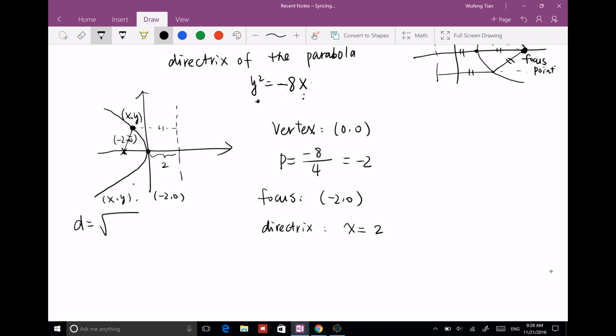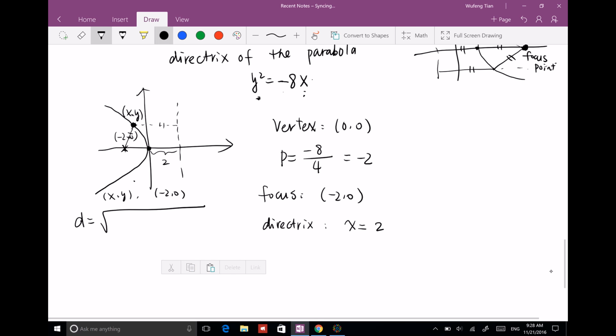And what is the distance formula? I'm going to call a student here. Taylor, could you please tell me what the distance is? I give you x, y, and negative 2, 0. Distance formula.